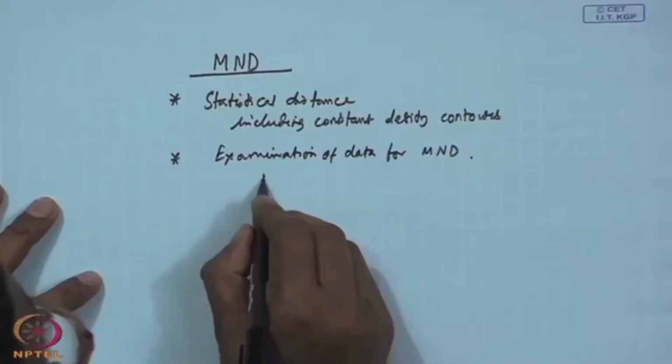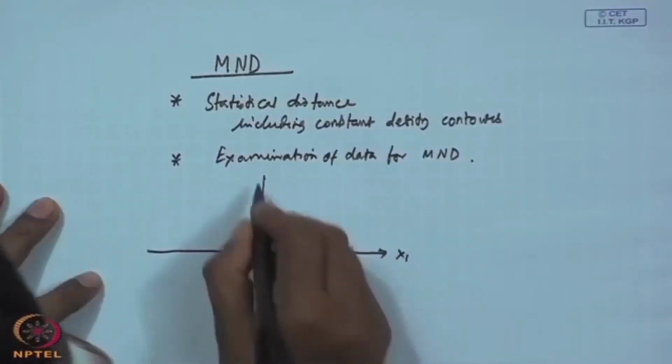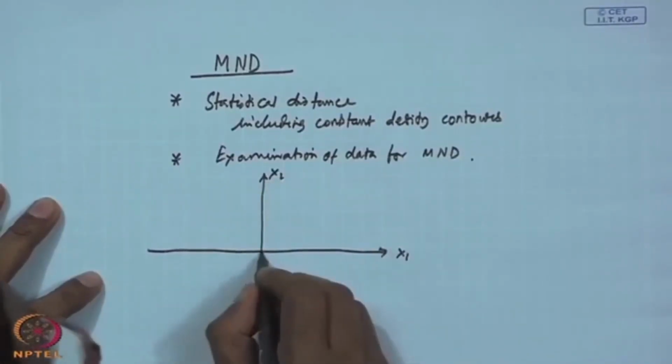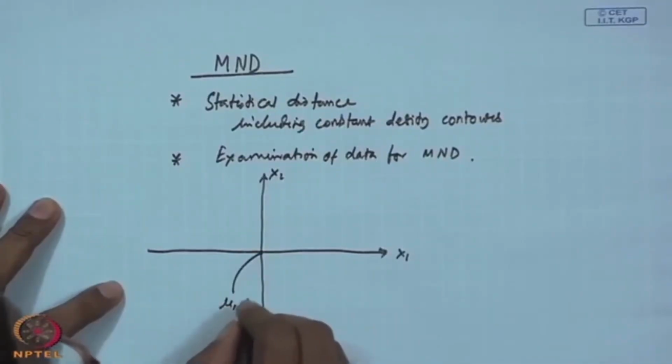Suppose you consider two variable case, x 1 and x 2. Let this be the origin with mu 1 and mu 2.